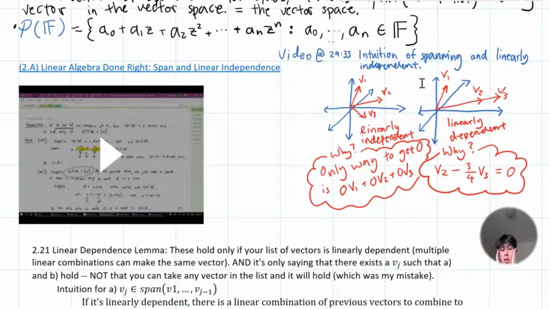So nothing's unique anymore when you have colliding vectors. So you want vectors that create every vector in your space, and you can do that by having vectors that point in totally different directions. So that's linearly independent. Okay, now on to the first proof or lemma.